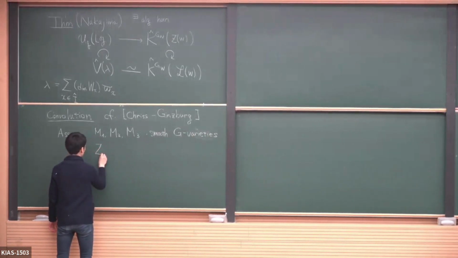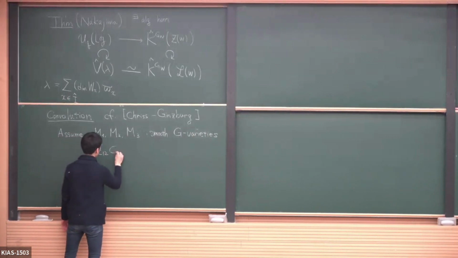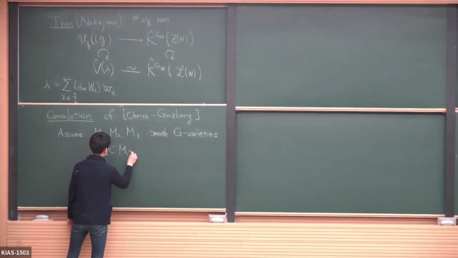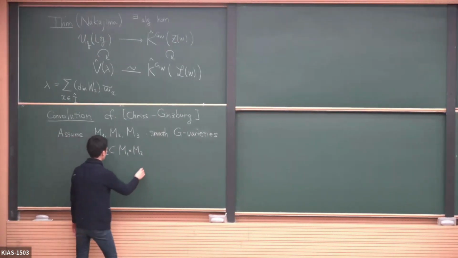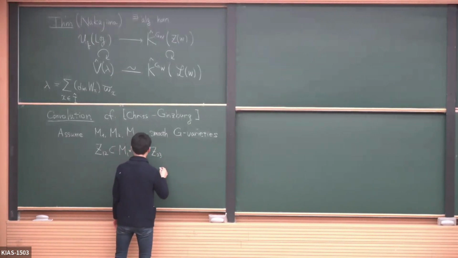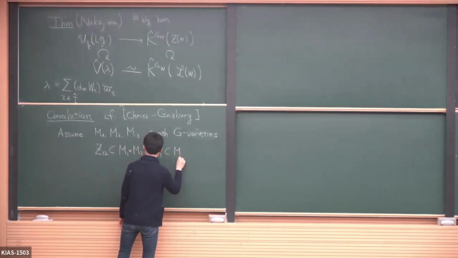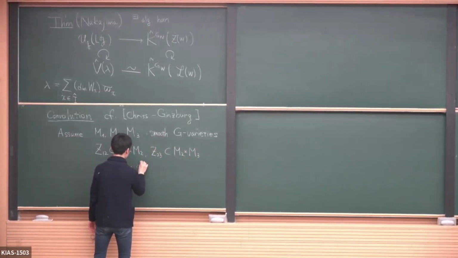And we consider Z12, this is a subvariety of the product M1 times M2, and also consider Z23. So they are closed G-subvarieties.